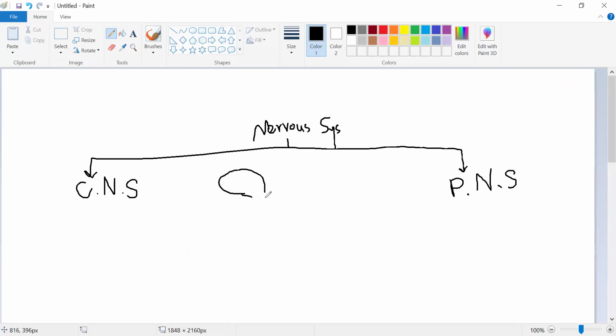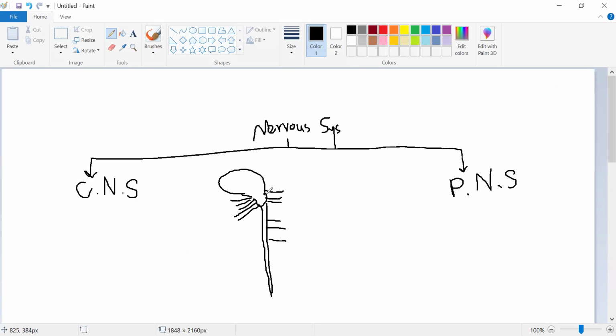Central: the brain, the cerebrum, cerebellum, medulla oblongata, and then the spinal cord, right? Whatever is coming out of it, Nedaputa, we call it the peripheral.